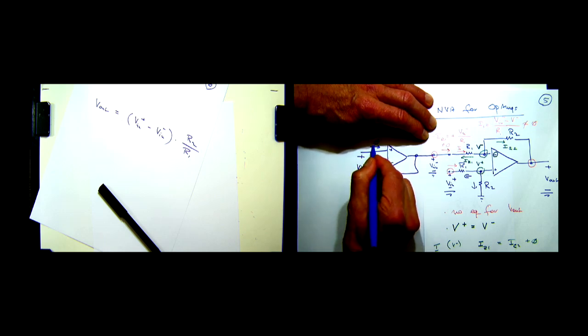And this current is equal to 0. And the current that flows into this amplifier, I1, that is going to be supplied by the buffer. Here we have a current that is not 0, but here we have a current that is 0.